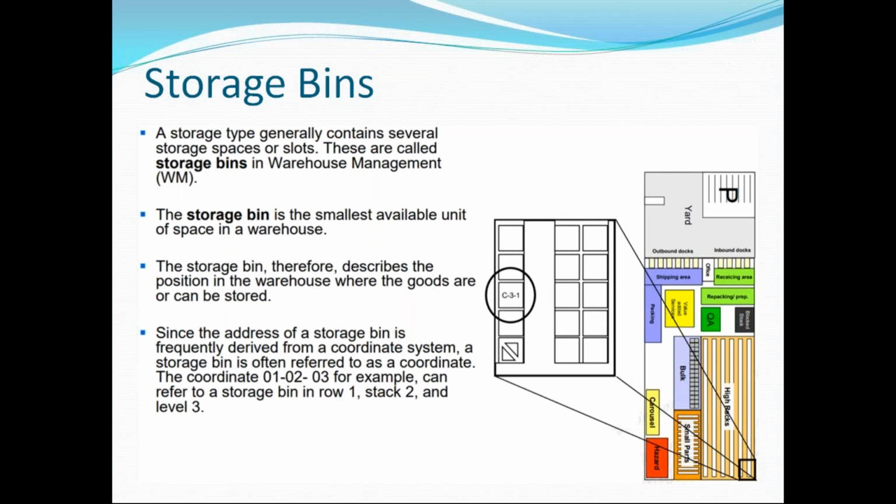As I told earlier, in the warehouse, whatever we are keeping, we'll be keeping it in a storage bin, and it will be very easy to understand where a particular bin is with respect to the coordinate of the storage bin. The coordinate of the storage bin can be 01, 02, 03. For example, it can be row 1, stack 2, and level 3.